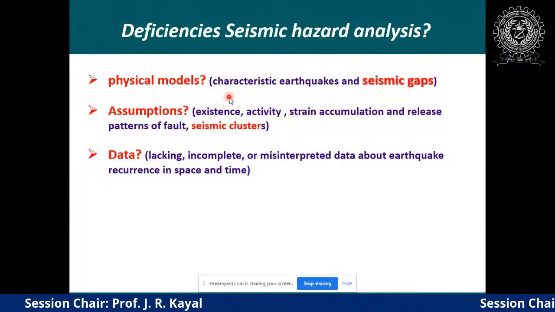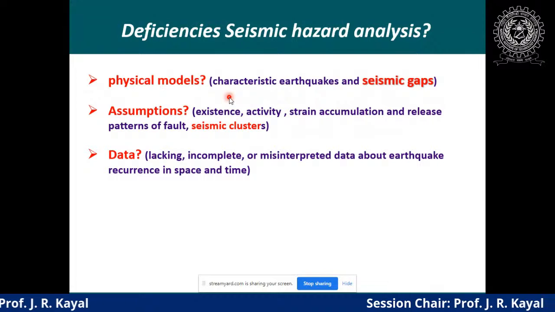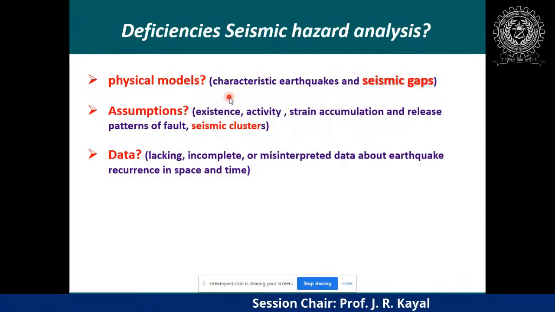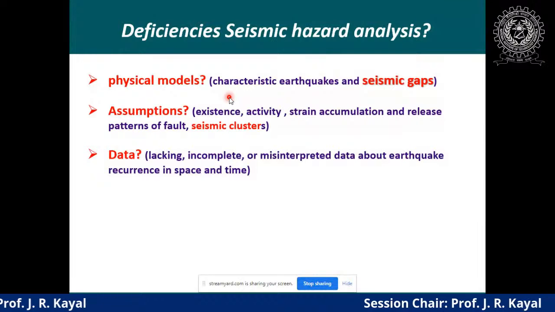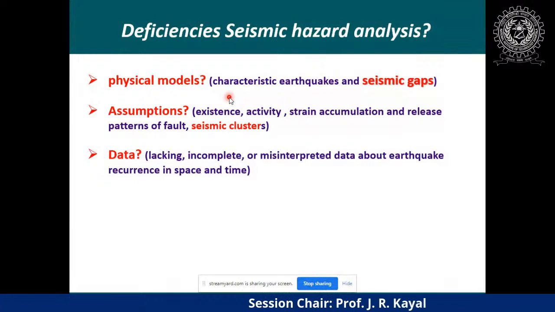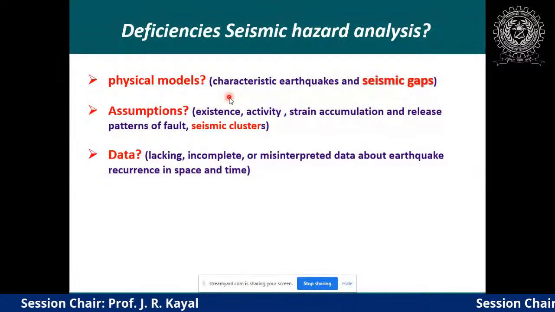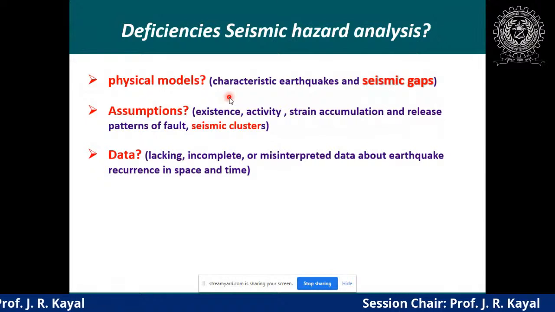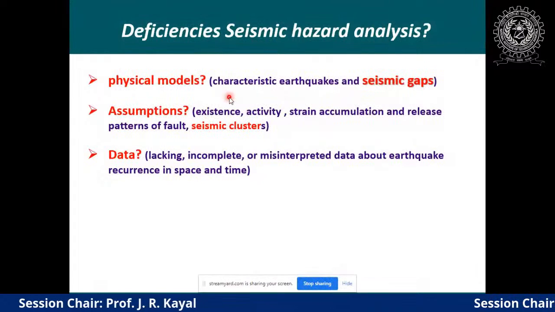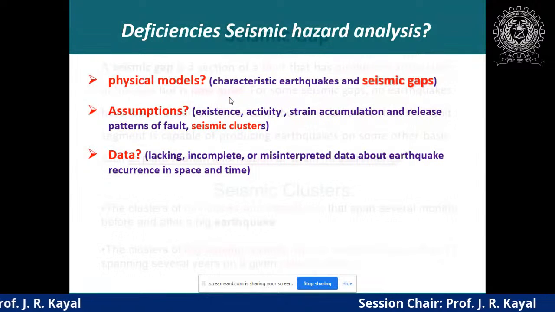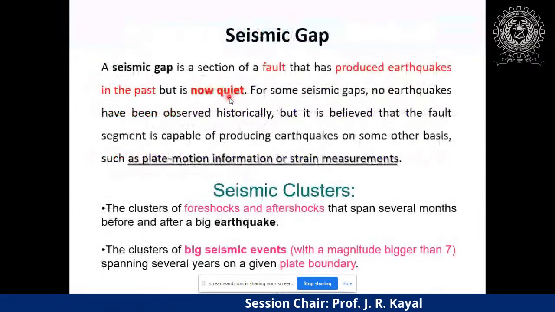The assumptions of activity rate, strain accumulation, release patterns of faults, and seismic clusters might be the sources of such bad assumptions. And the data might be incomplete, misinterpreted, or lacking for the seismic source zones. Okay, what are seismic gaps and seismic clusters?